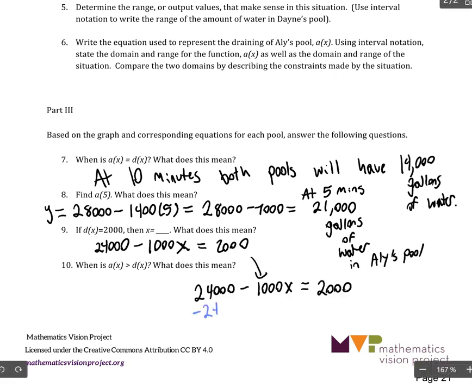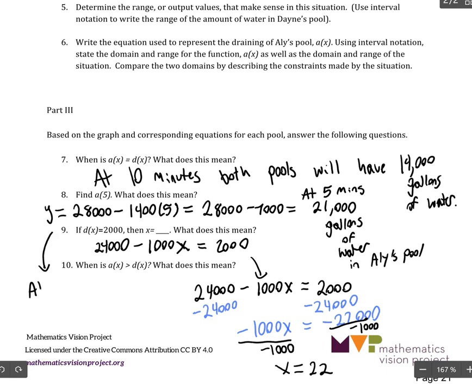So we could subtract 24,000 on both sides of the equation, and we get negative 1,000x equals negative 22,000. And then divide both sides by negative 1,000, and we would get x equals 22. So that's telling us for number 9 that at 22 minutes, Dane's pool had 2,000 gallons.